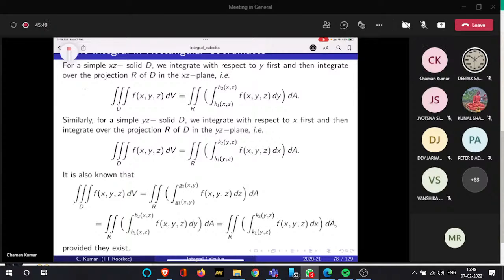So there you have to use your own brain, your own creativity, to decide where to project the region D so that your calculations are simplified.